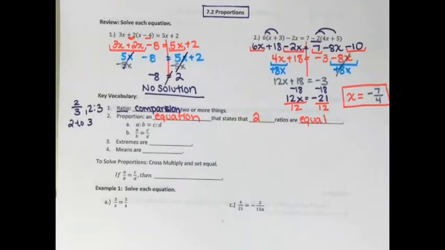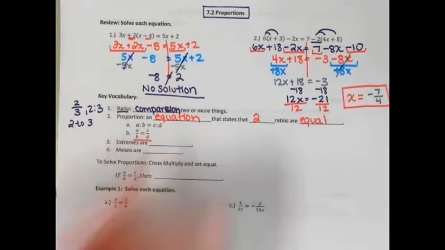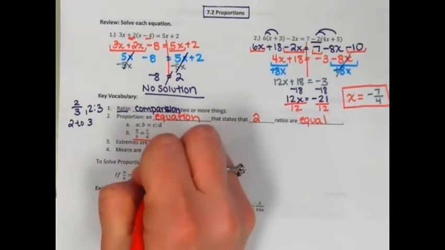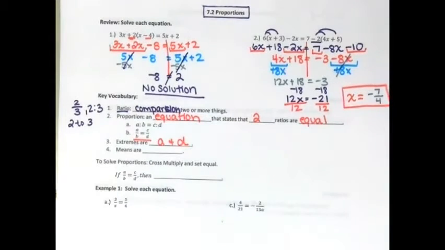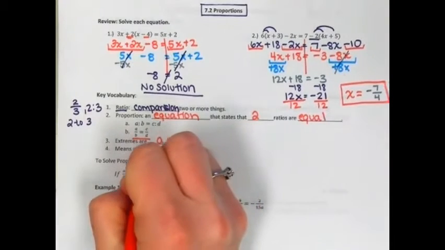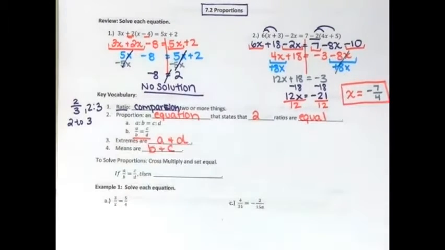So we could have A to B equals C to D, or I like it better looking at it as a fraction. A over B equals C over D, okay? A and D are known as the extremes, and your means are your B and C. Okay? Does anyone know how to solve proportions?